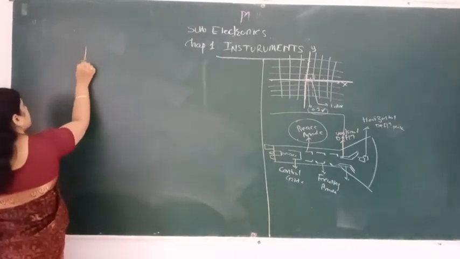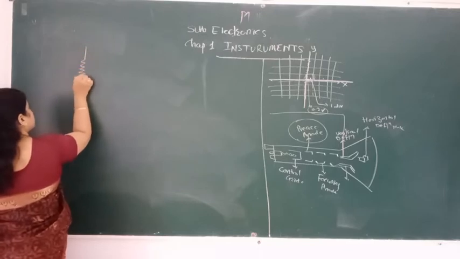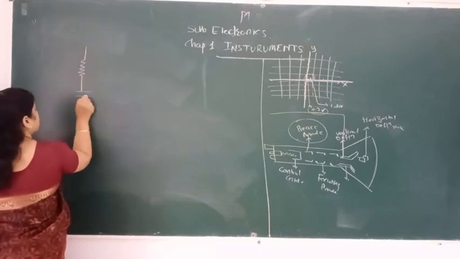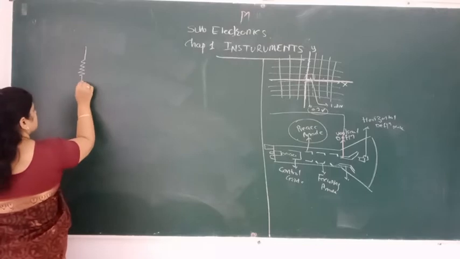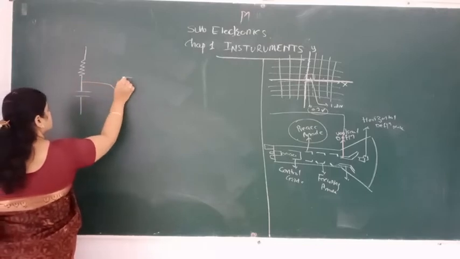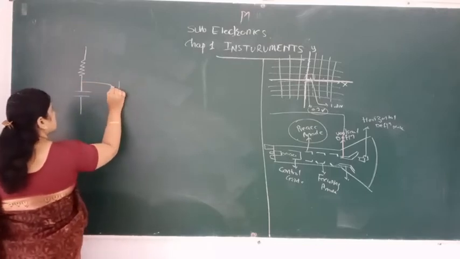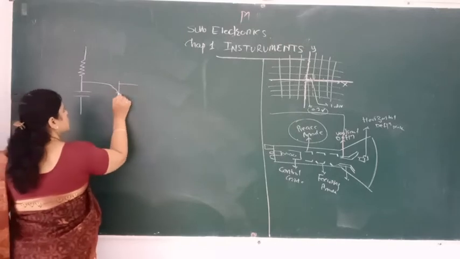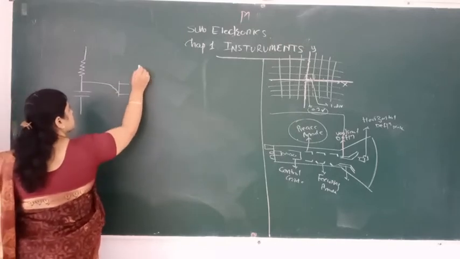So the circuit diagram for that we can observe is like this. A capacitor is there. By using a UJT we are observing this.